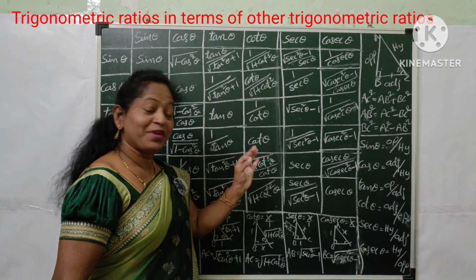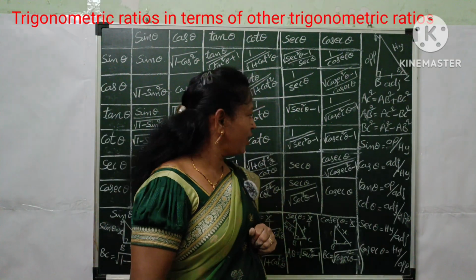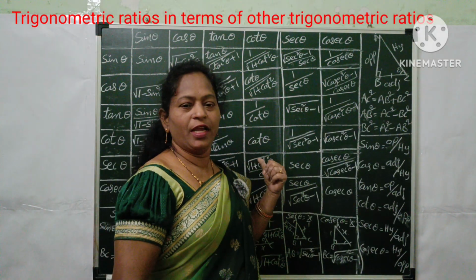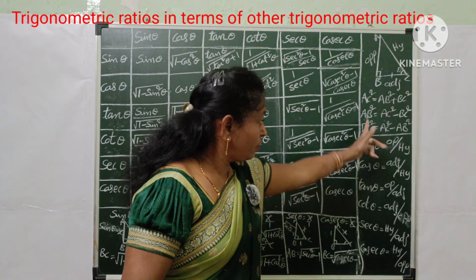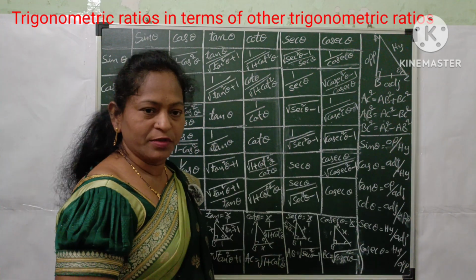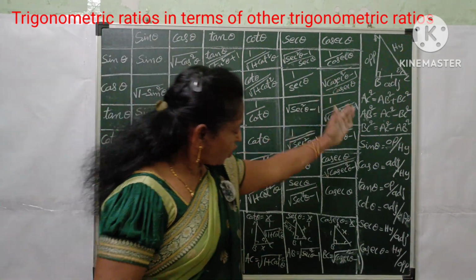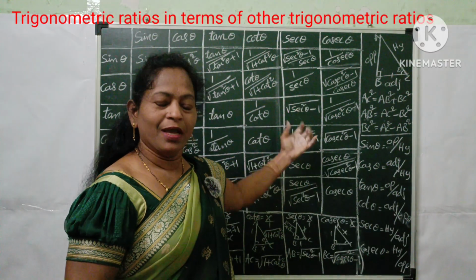Clear? It is very, very important. So dear students, please everyone watch this video carefully. Compare the hypotenuse and ratios. Then only if you write these perfectly, you can write easily on the table.